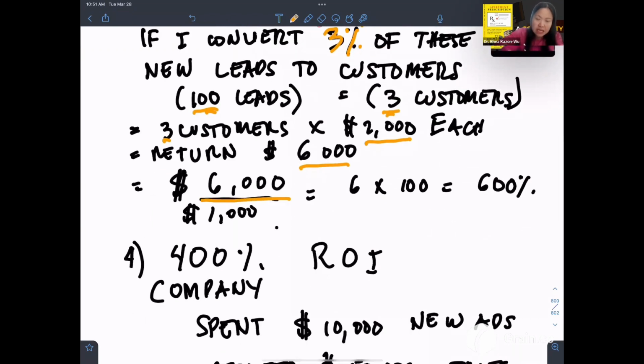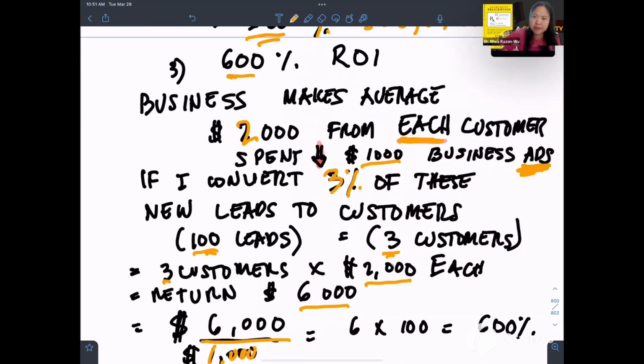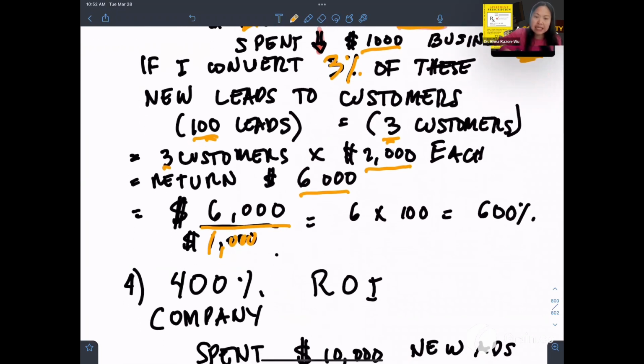So 6,000 divided by the 1,000 that you spent for business advertisement, so that people know you, so that people could buy from you, will give you a number of 6. And we have to multiply it by 100 to get a percentage. So 6 times 100 is 600% return of your money.